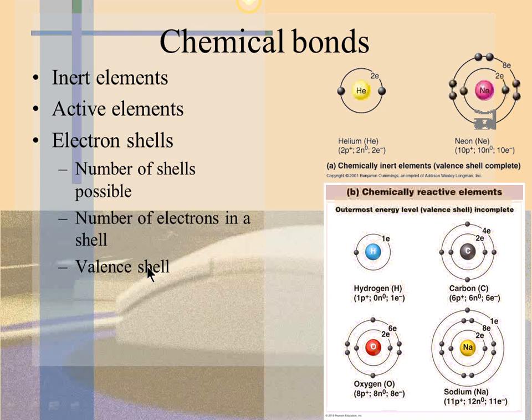So this outermost shell of the atom, where the reaction can occur, is known as the valence shell. So the outermost shell of an atom, where the electrons are capable of reacting, is known as the valence shell. For example, this would be the valence shell.